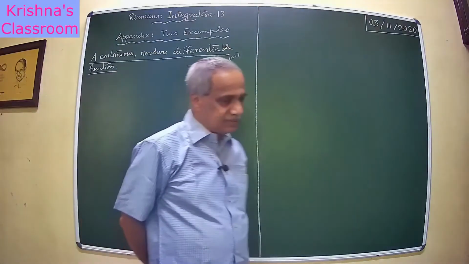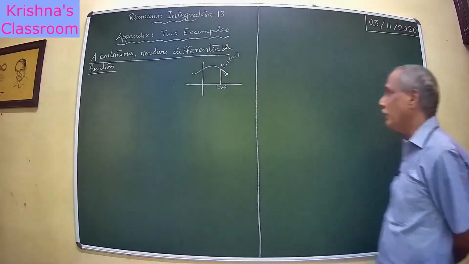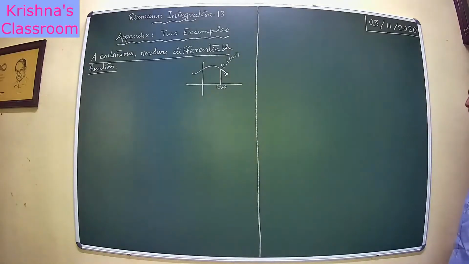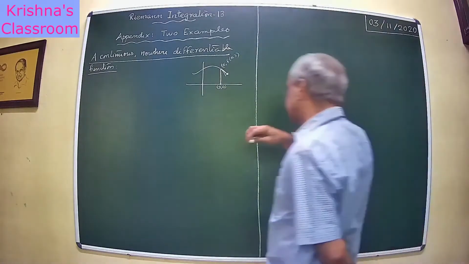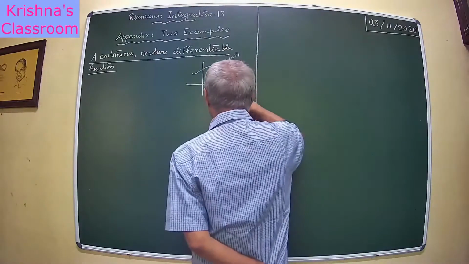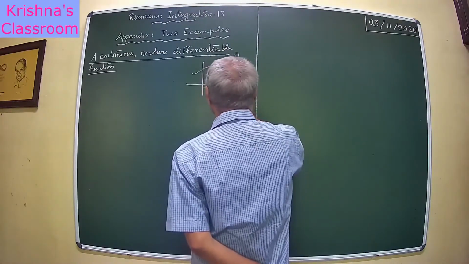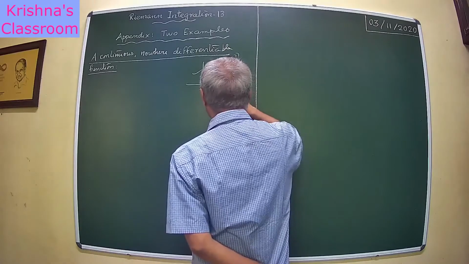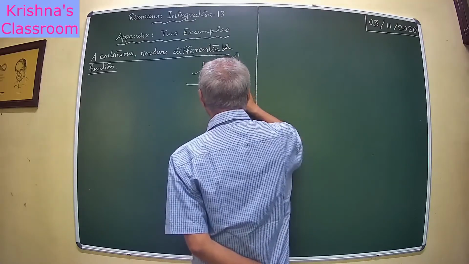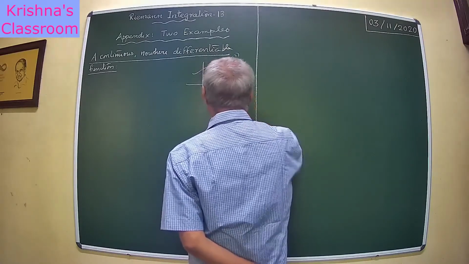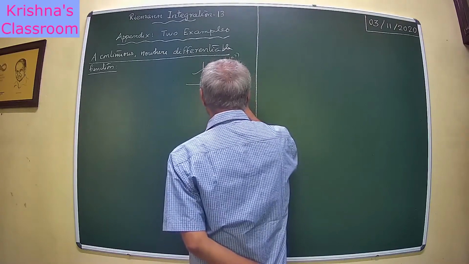Therefore, what happens to a tangent? Suppose a function is sharply turning around. Then what happens is that the tangent changes its direction completely as it moves through this point.